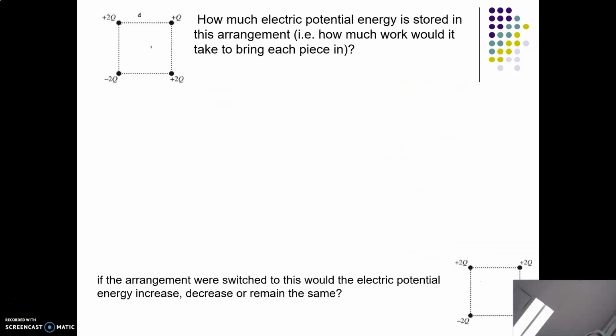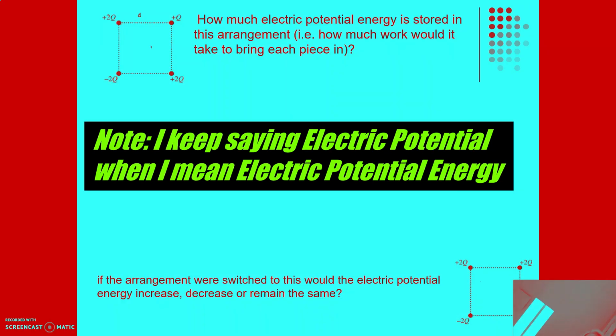So let's look at how we would calculate the net electric potential energy stored in this arrangement of charges, which are in a square of side d apart. In order to calculate the net electric potential energy, we're going to sum up all of the kq over r, and I'm just going to use k instead of 1 over 4 pi epsilon naught, for all the combinations, and use the sign of the charges.